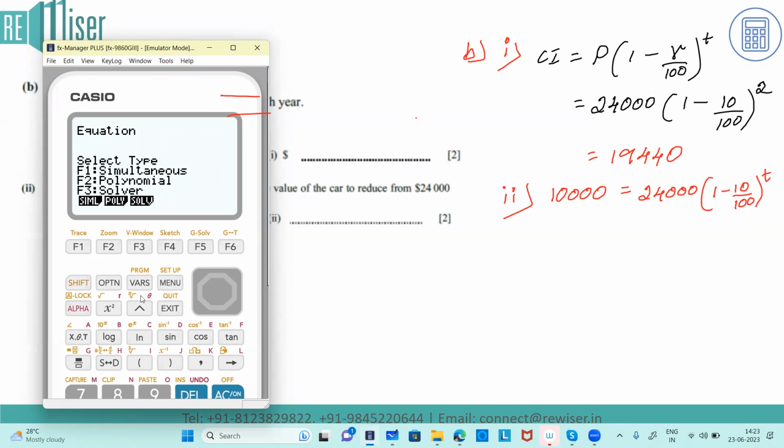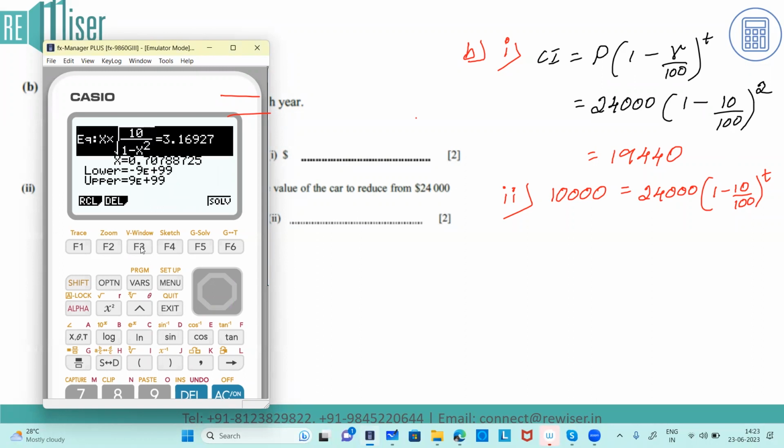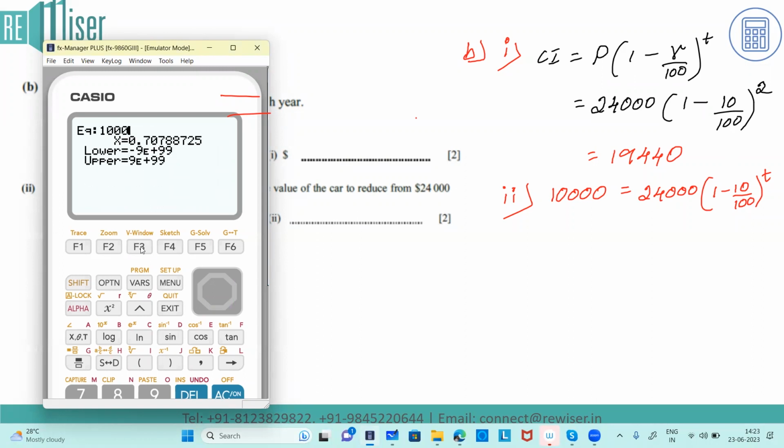So I can use this equation solver. In this equation solver, I can put this given equation: 10,000 equals 24,000 multiplied by 1 minus 10 over 100, which is the same as 0.9, to the power of, instead of t, I will just write x. When I do this, I'll be getting 8.3092.